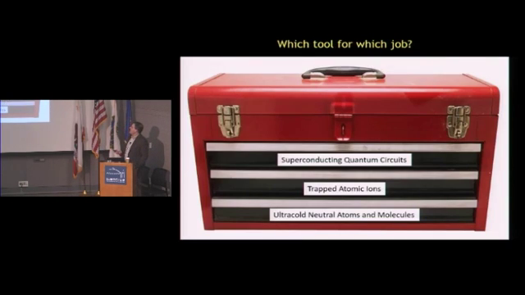And I would say that which tool you use for the job has to do with which problem you're trying to solve. So maybe there's a question of mimicry here: if you are trying to understand the behavior of a particular system, it might be the fastest route to getting answers to use a physical system that has a close resemblance to what it is you're trying to describe.